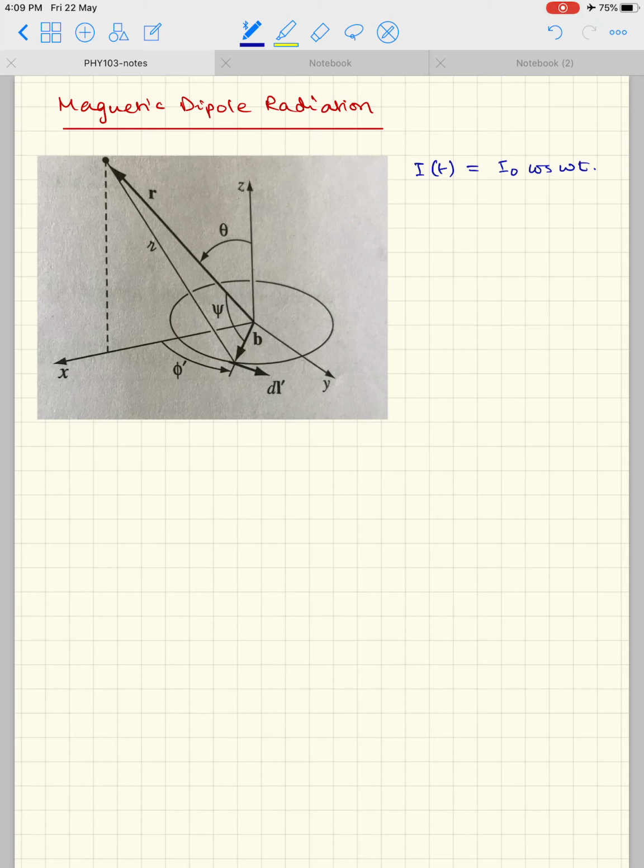Now this is a model for an oscillating magnetic dipole where m of t is given as pi b squared I of t, and this is in the z direction.